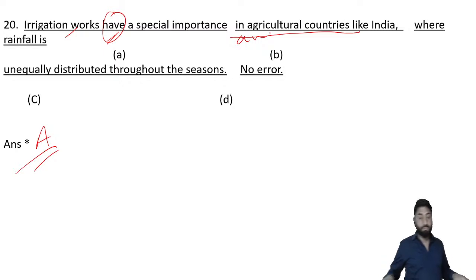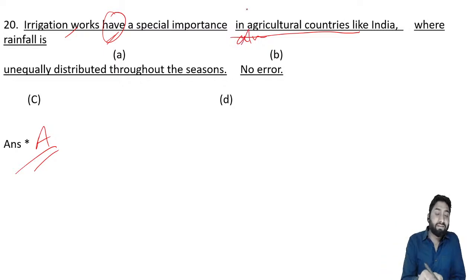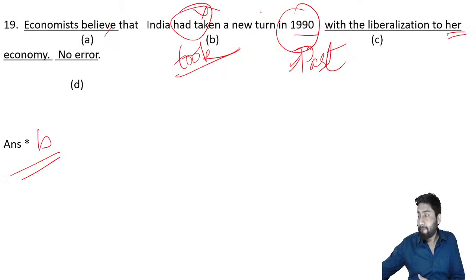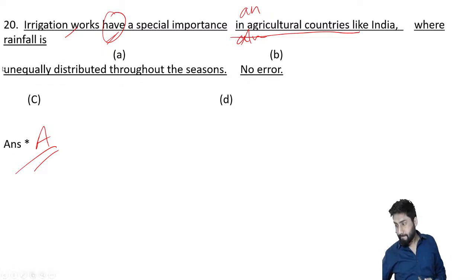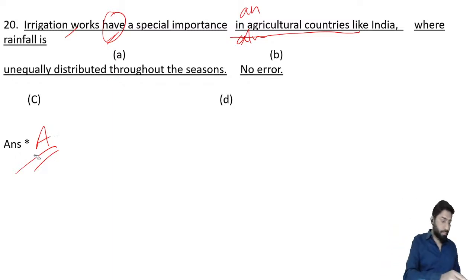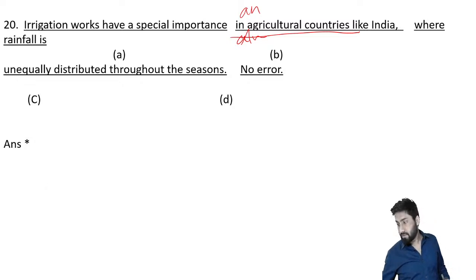See, this is the problem. So in the paper here it was 'an', right? So just give me a second. There is a problem with the typing. Just give me a second now. Then we'll discuss this again.